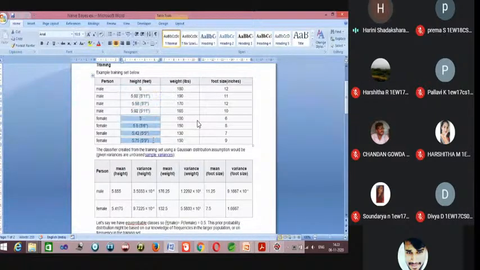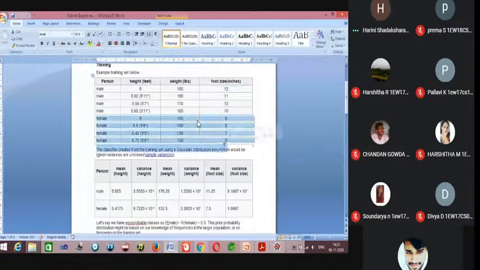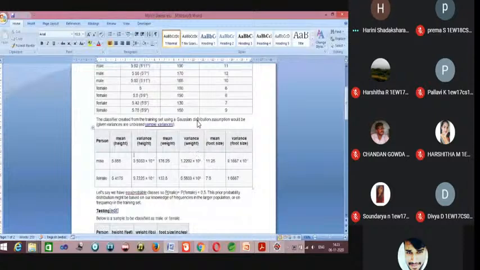And for female, take down these four values, find out mean and variance. Similarly, repeat for weight: these four values for male, these four values for female, and foot size, these four and these four. Okay, that's how I generate this table. Please remember all of them. Programmatically also we are doing this. We will be generating these tables.